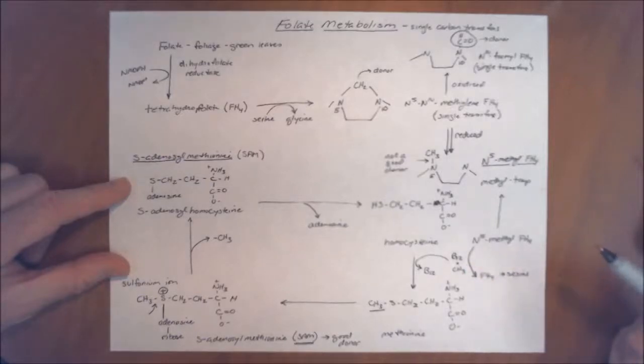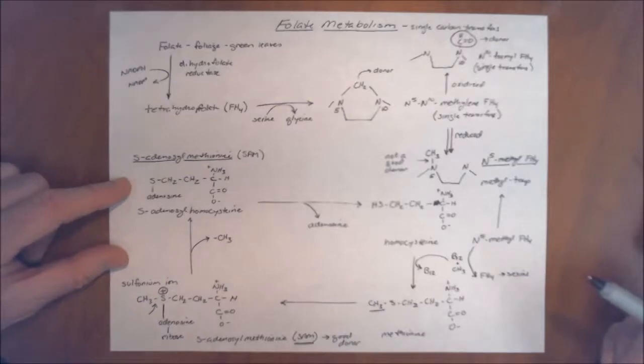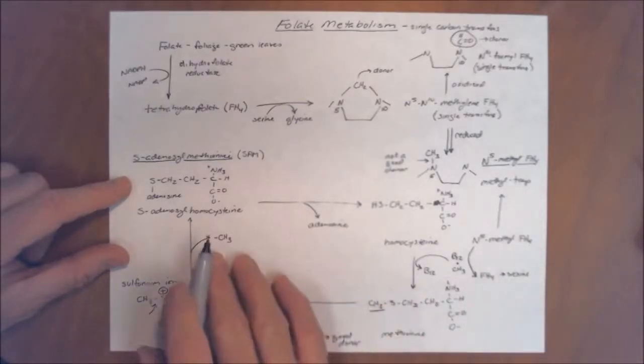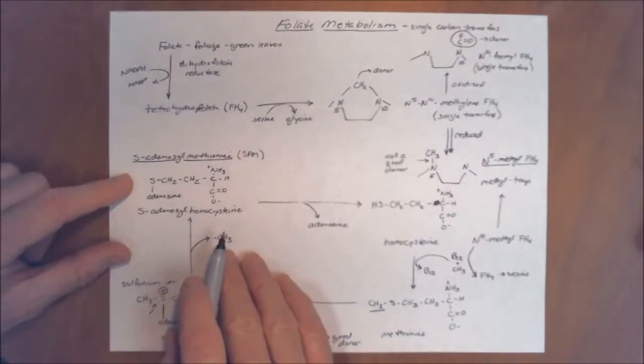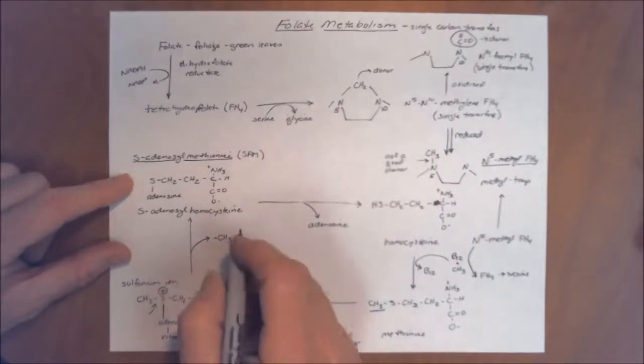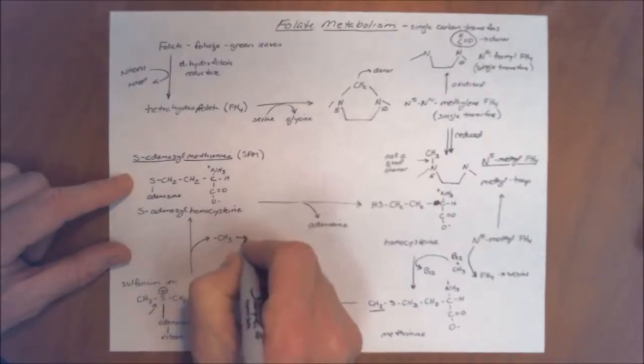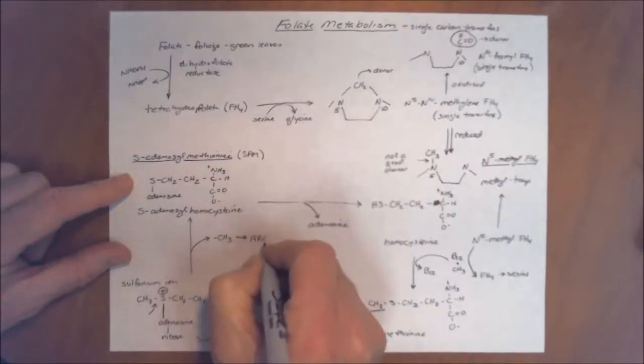So recall when we talked about megaloblastic anemia, that is typically a folate and or B12 deficiency. And the requirement here is the single carbon transfers are required for DNA replication activity and red blood cell maturation.